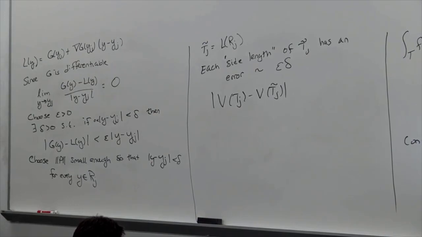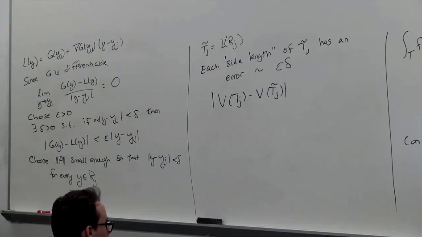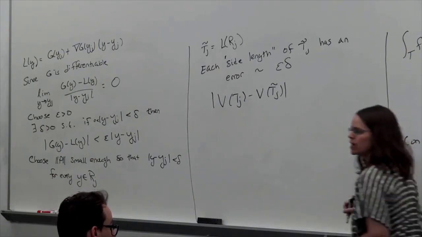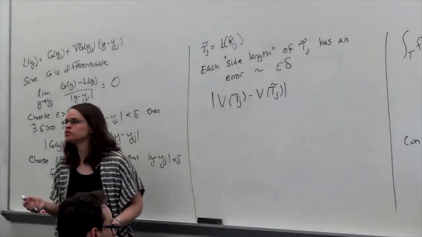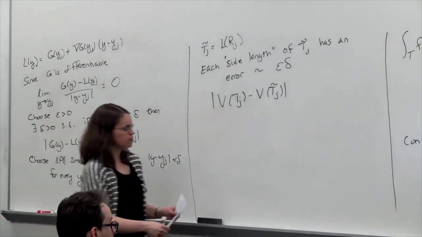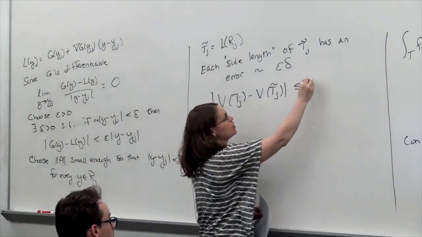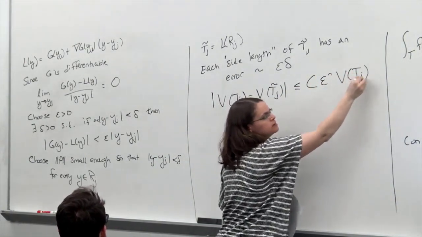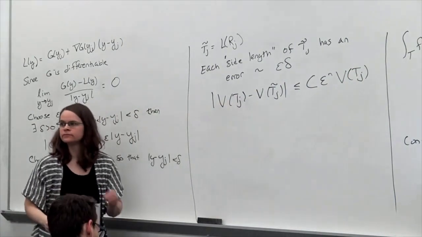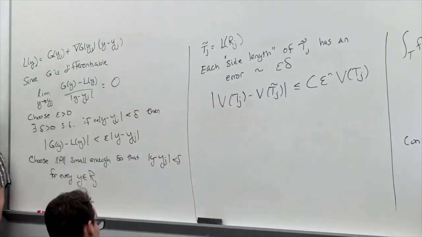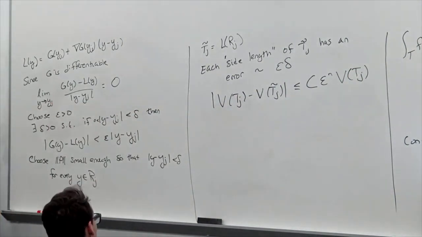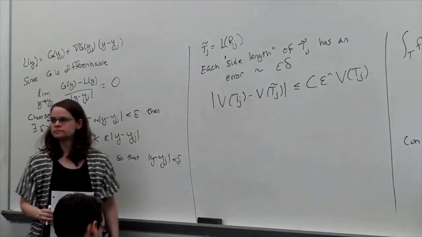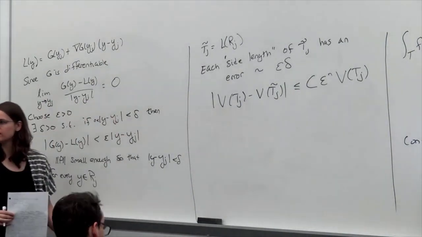Okay, so what kind of errors am I making at the end of the day? If I'm making this kind of little epsilon times side length error on each side, when I add those up, I'm going to get a factor of epsilon to the n when I multiply them together. So this is going to be bounded by some constant times epsilon n times the actual volume. All right, I'll pause a second.